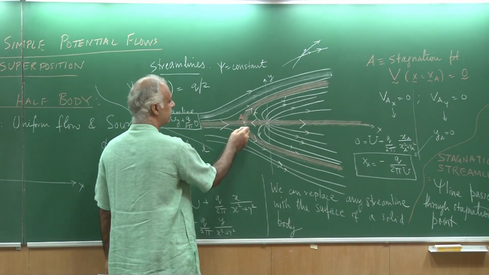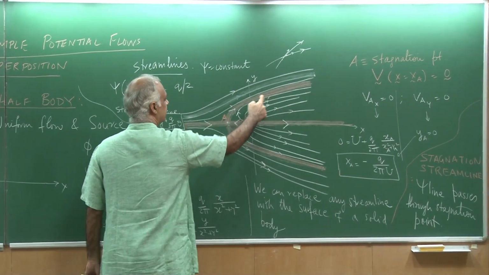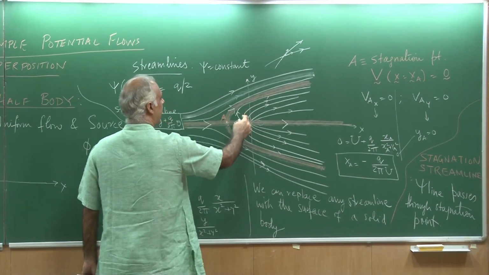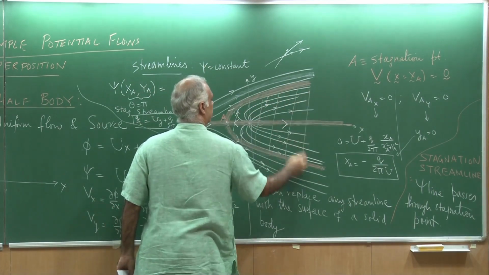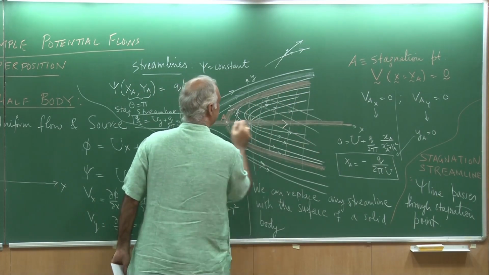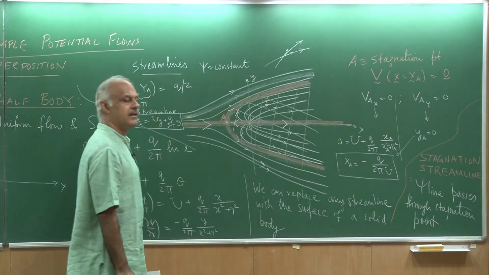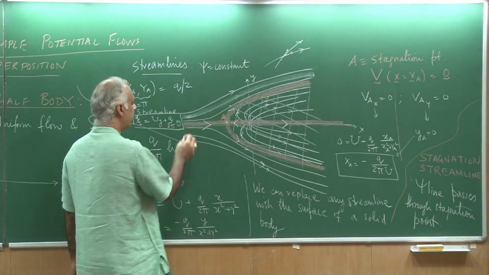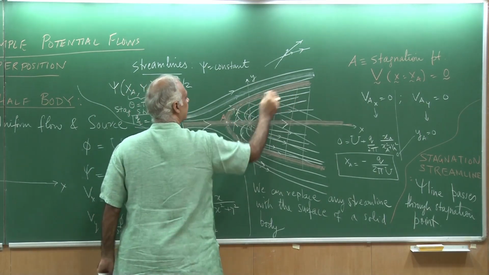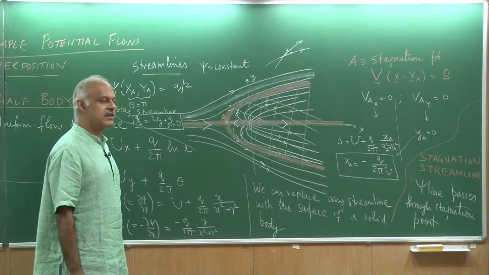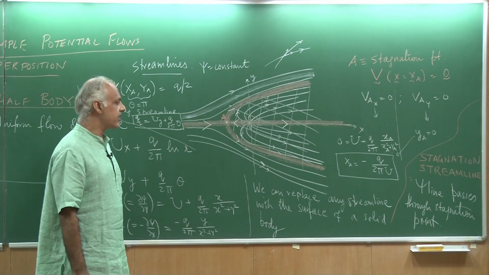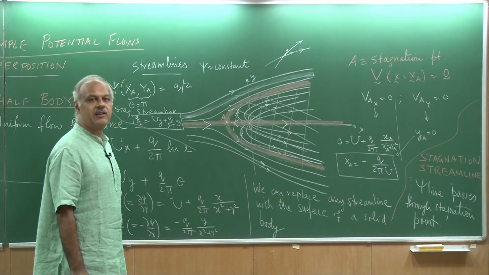Now, if you notice carefully, this shape here, I could actually replace this with a solid body, and I would get flow past this red colored body, and that in some sense looks like the nose of an airfoil of an aircraft wing.